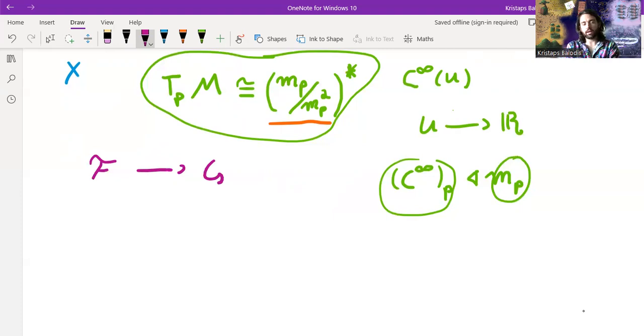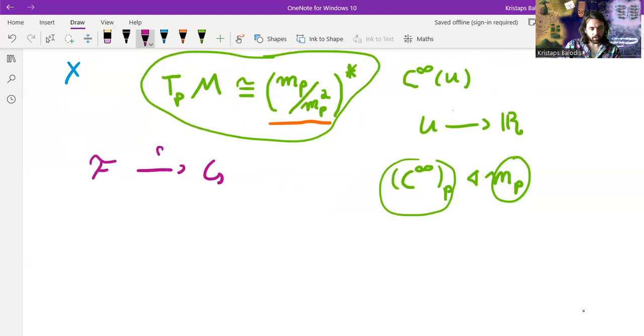So one of the nice things about stalks is that it makes the analysis of morphisms nicer sometimes. So sometimes it's easier to do stuff on the level of stalks, right? What do I mean by that?